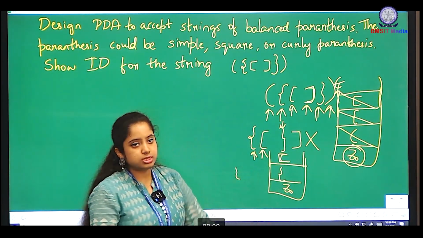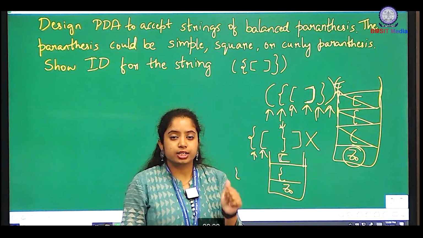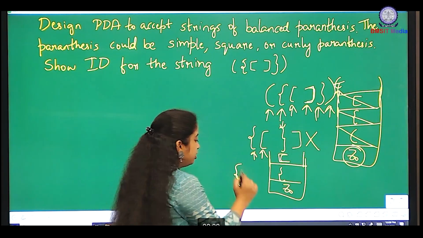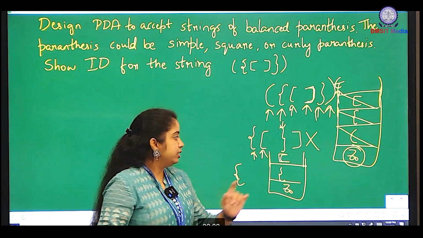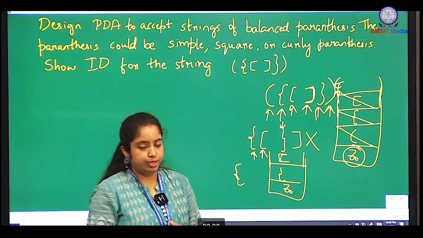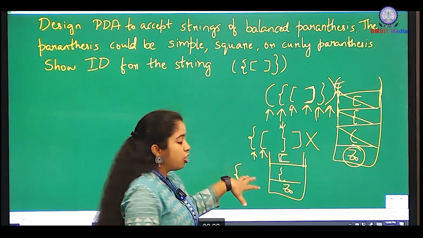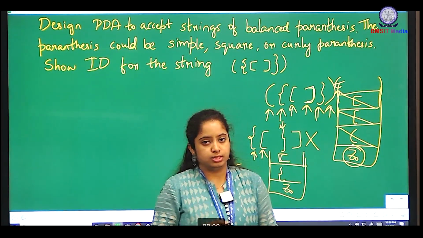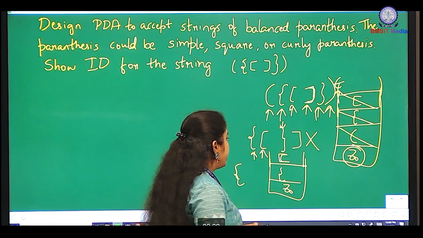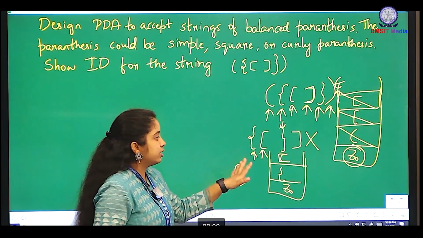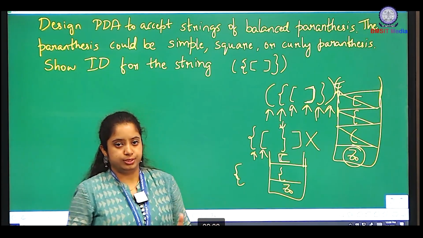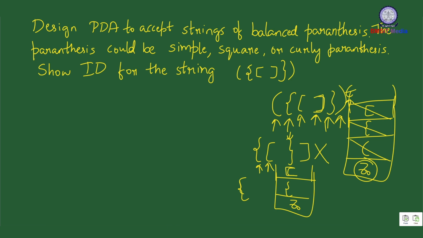We cannot pop this because we do not have a corresponding open curly brace as the top stack element. This is not a balanced parenthesis, and we get stuck here and will not go further. So, this will not be accepted by the PDA.